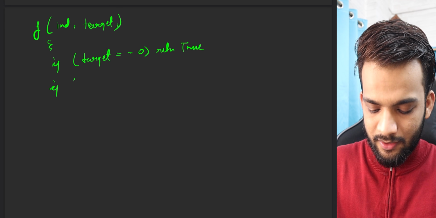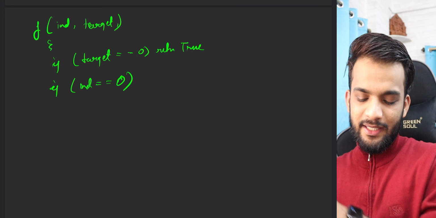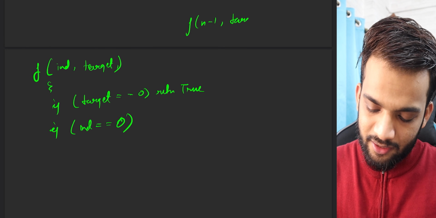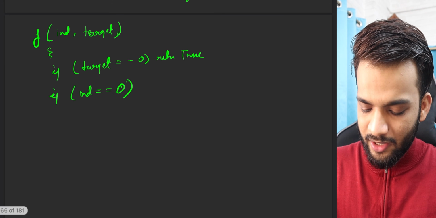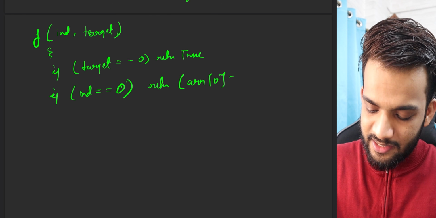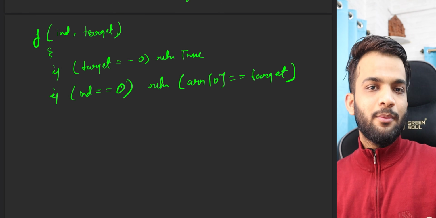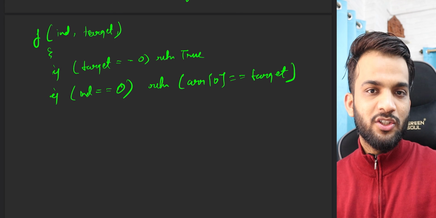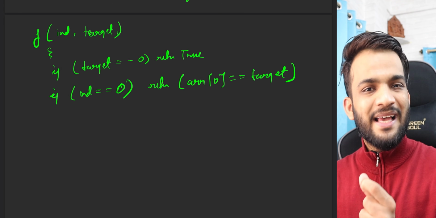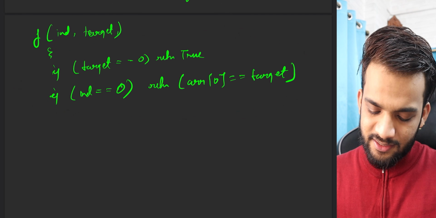And if the index reaches 0, that means we started from f of n minus 1 with the given target, and over here we returned array of 0 is equal to the remaining target, because if we are standing at the last element and some target is yet to be achieved, then the array of 0th index has to have that target. So you remember these were the couple of base cases.